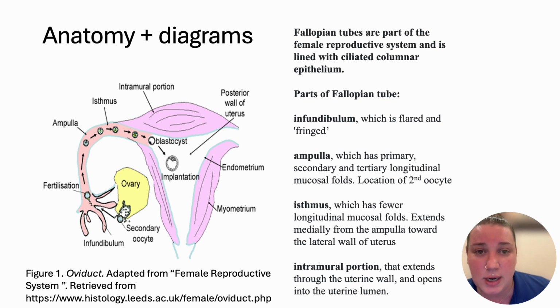And the last part of the fallopian tube is the intramural portion. This extends through the uterine wall and opens into the uterine lumen. And it also extends medially from the isthmus and is continuous with the wall of the uterus as well.